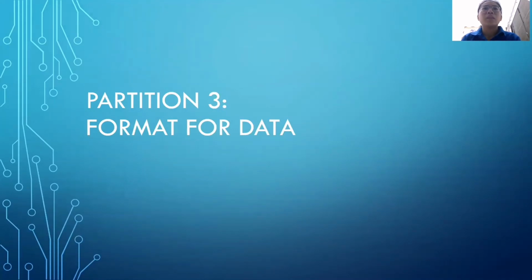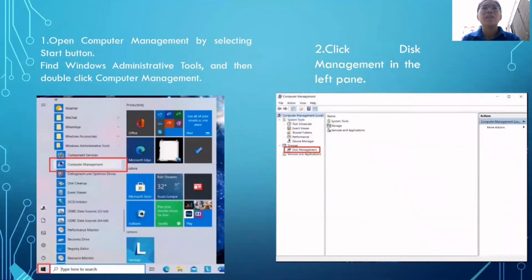Next is partition 3, format of data. The first step is to open Computer Management by selecting the Start button, finding Windows Administrative Tools, and then double-clicking Computer Management.